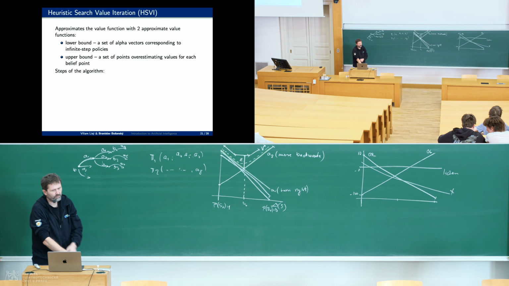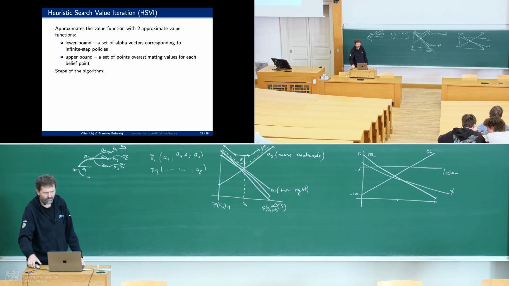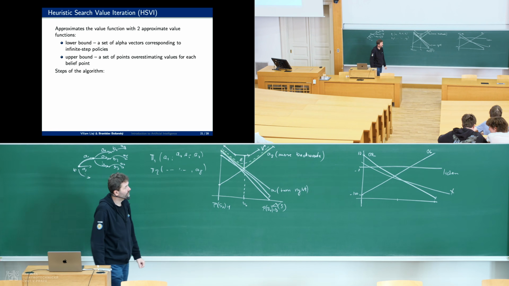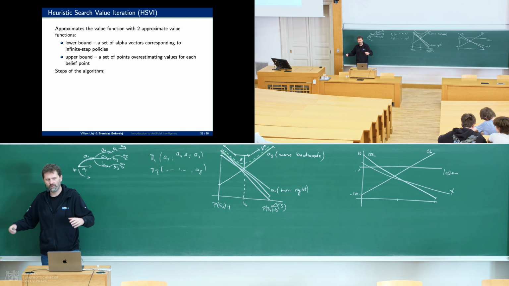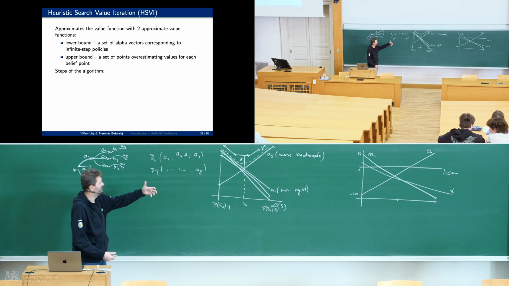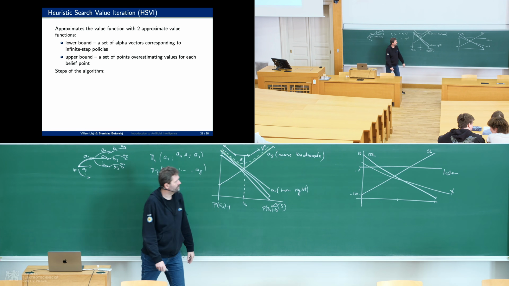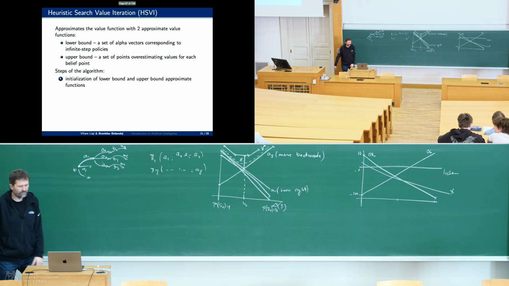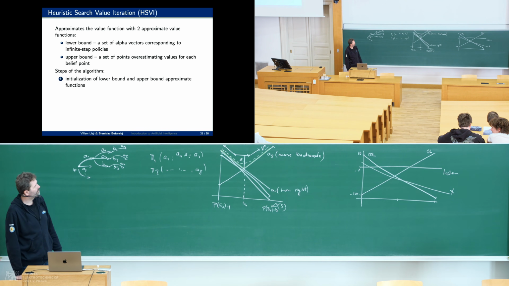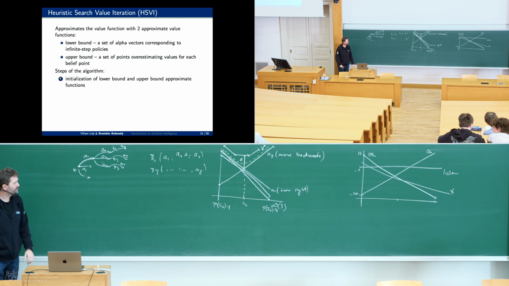So how would the algorithm work? The algorithm basically generalizes point-based value iteration. It will perform point-based updates, in a similar way to the value iteration, but it will use the lower bound value function and the upper bound value function independently.